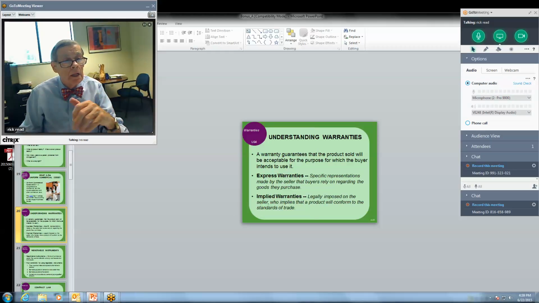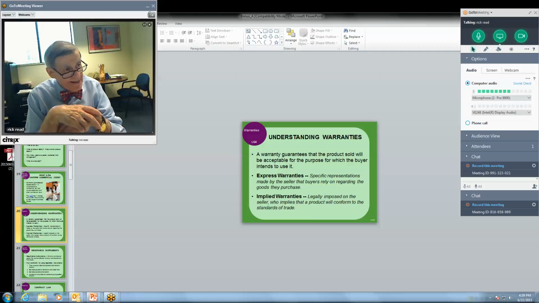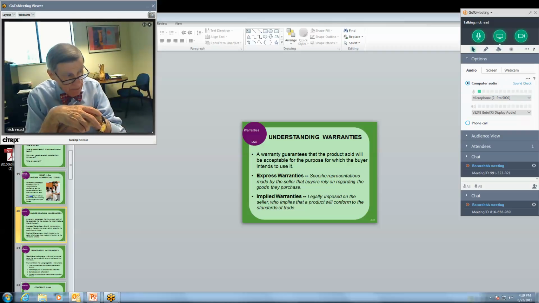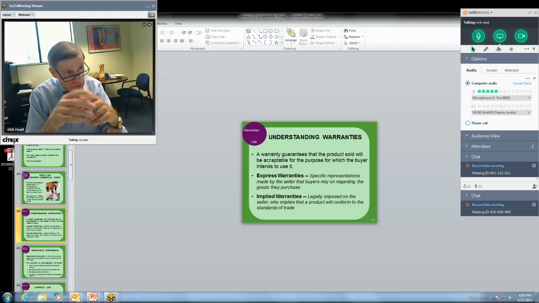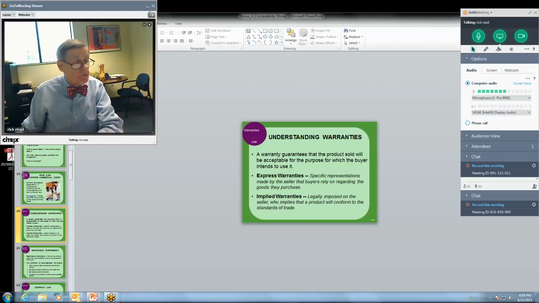An express warranty, on the other hand, is something that's made by the seller. And the seller says to you, the buyer, this is what this product will do. And we rely on that express warranty when we purchase a product or products.